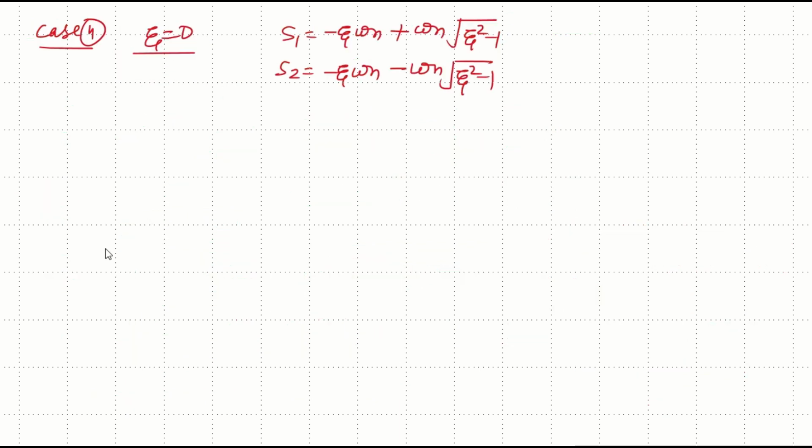In the last case, case 4, the value of damping ratio becomes 0. If we consider damping ratio zeta equal to 0, then the roots s1 and s2 are given by these two expressions. When zeta is equal to 0, this becomes minus j omega n, and this plus j omega n.